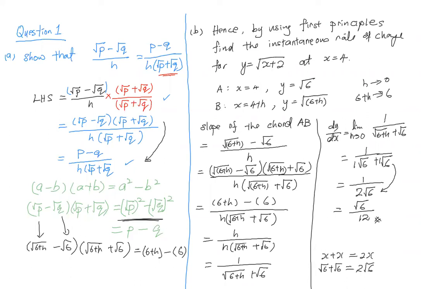Anyone? Do you know how I get square root of 6 over 12? You don't have to put the 1 beside the square root of 6. I just want to tell you that that is 1 square root of 6. I'm here to explain to you how I get 2 square root of 6.